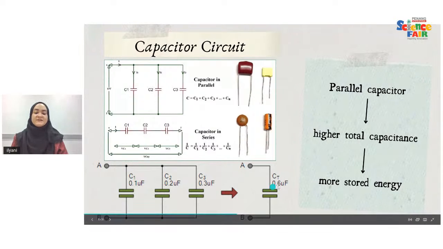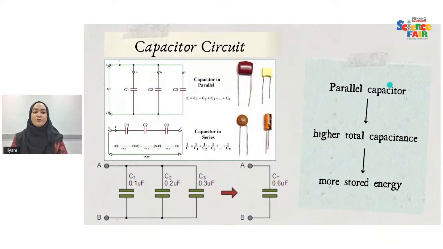So the total capacitance is 0.6 microfarad. Farad is the unit for capacitance itself. In conclusion, if we put the capacitors in a parallel circuit, we achieve a higher total capacitance. With more total capacitance, we will be able to store more energy.